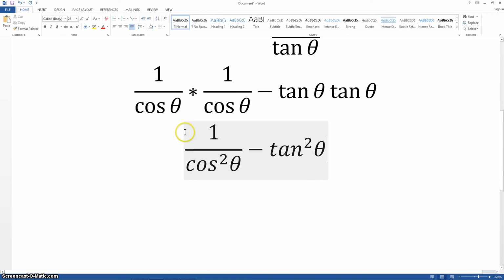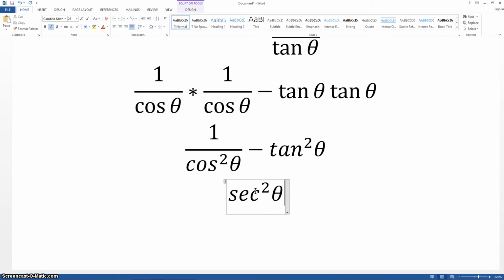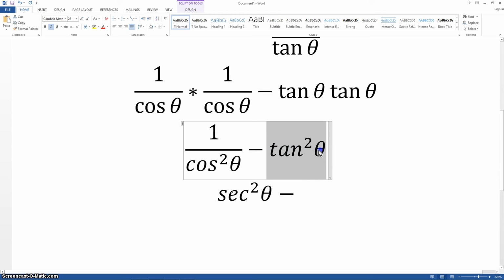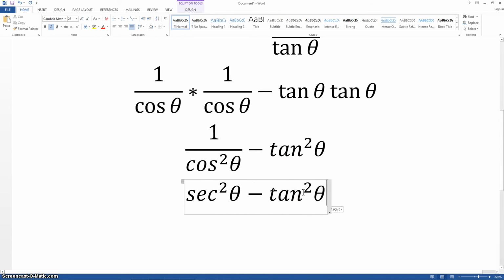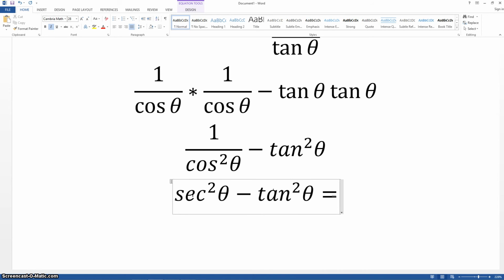Okay, the last step is to change this, another identity. 1 over cosine is secant, so 1 over cosine squared is going to be secant squared of theta. So it's going to be secant squared of theta minus tangent squared of theta. And then you should be able to know that that is an identity that is equal to 1.